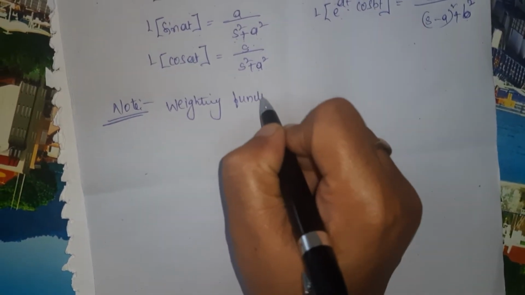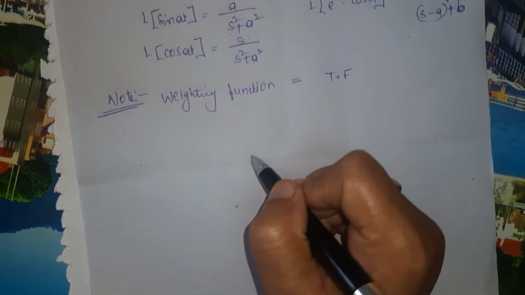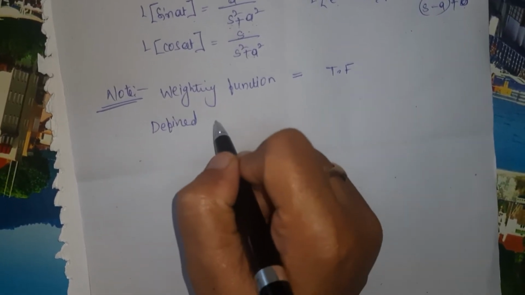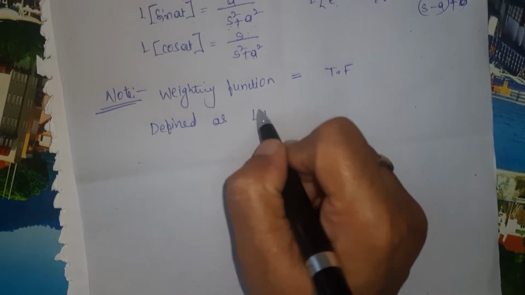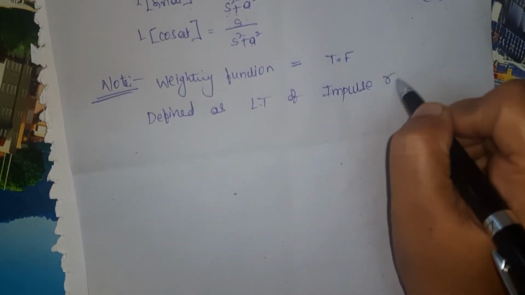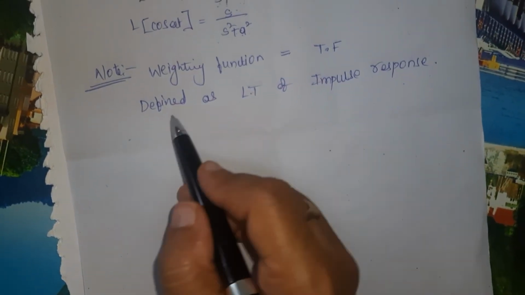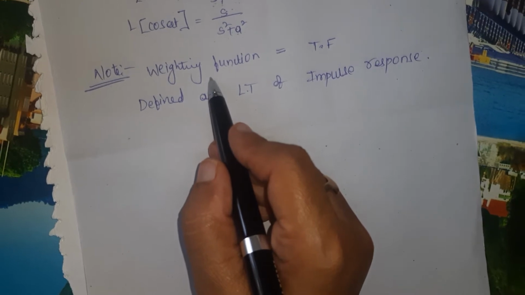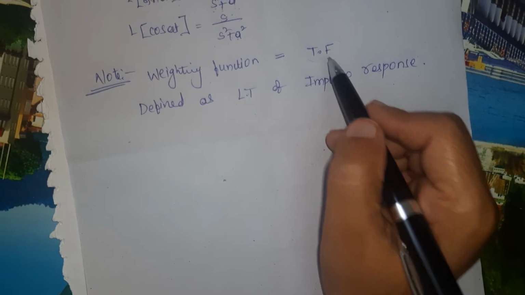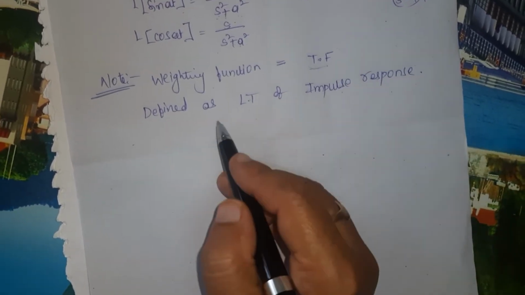Here the weighing function is nothing but the transfer function only, and it is defined as the Laplace transform of the impulse response. The Laplace transform of the impulse response is nothing but the weighing function, or the weighing function is also called the transfer function. So if we do the Laplace transformation of the impulse response, we will get the transfer function, right?